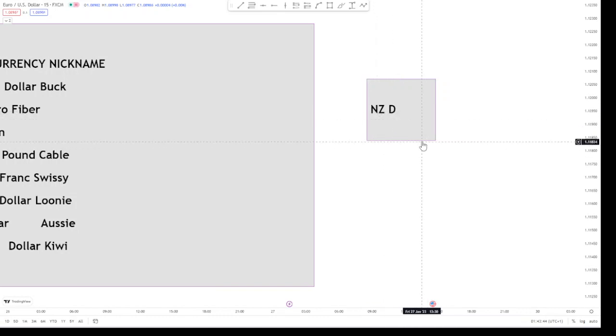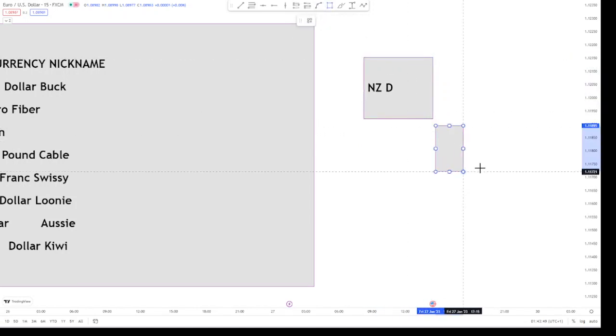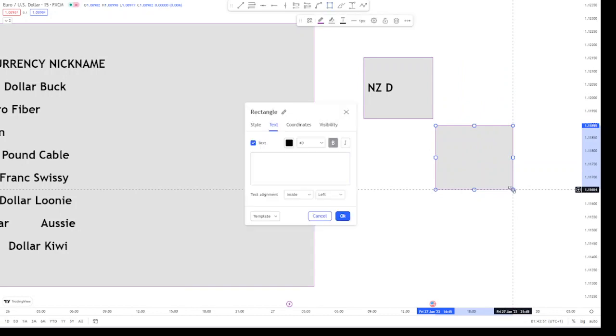I'm going to use another example for the sake of iteration. Let's use the US dollar.